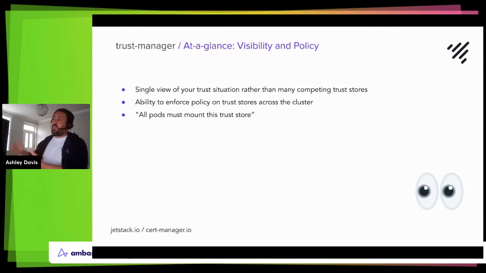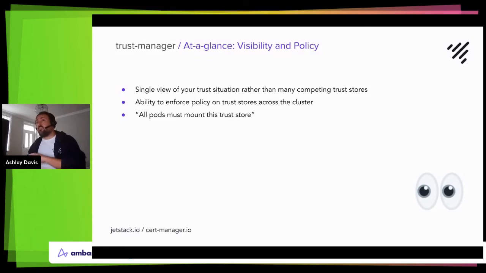In this case, using Trust Manager, you are specifying exactly what certs you want to appear in one place, potentially. So you only need to look at that and then check that everything is using that to be able to assert what is being used in your cluster and what your trust situation looks like. Like to be able to answer the question, is there something dodgy in my trust store? The places you need to look goes down because you've only got all of this specified in one place, ideally.